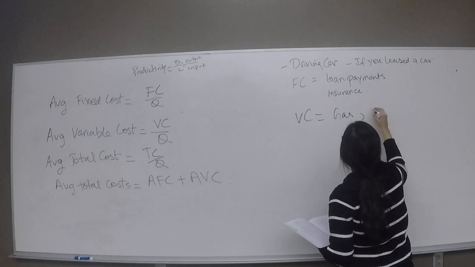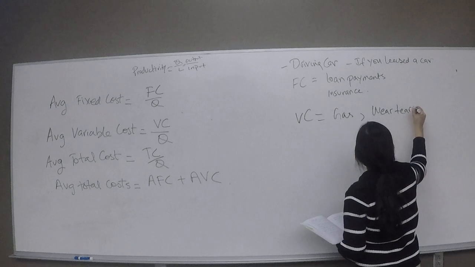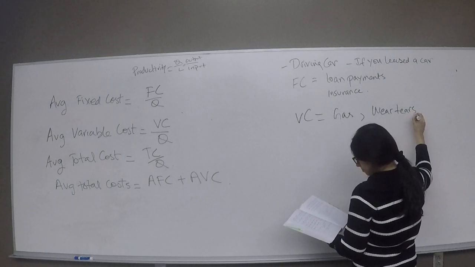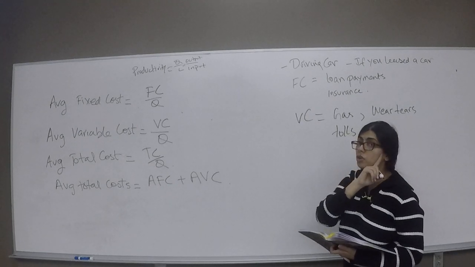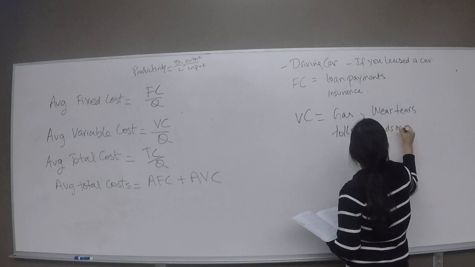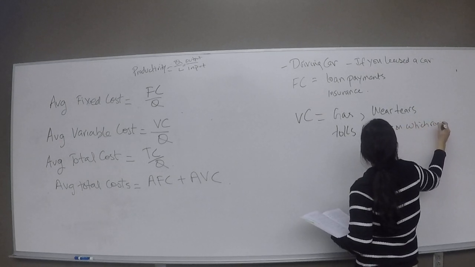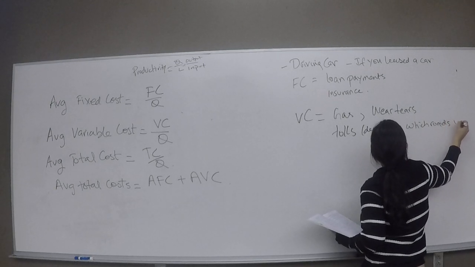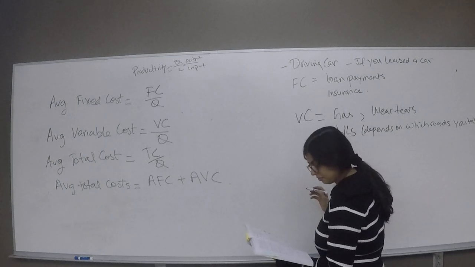Other variable costs are wear and tear, and tolls, which depend on which roads you take. So things that can vary.